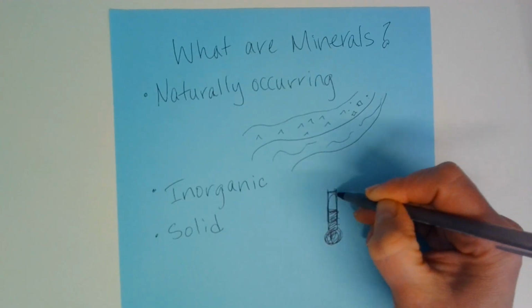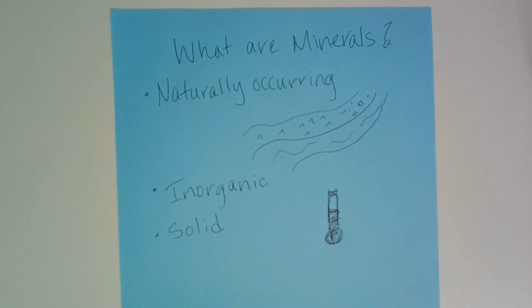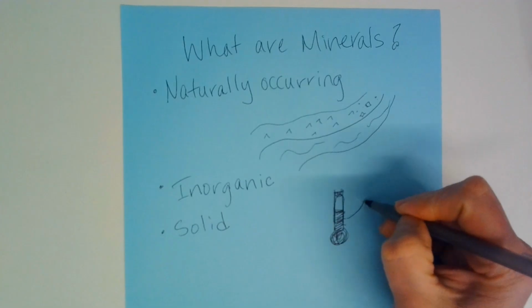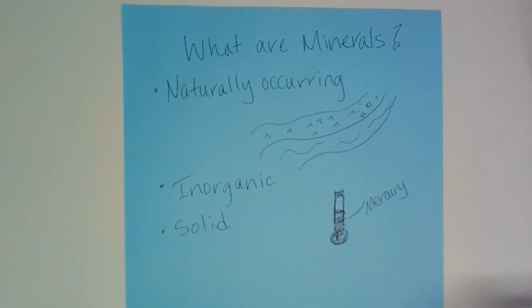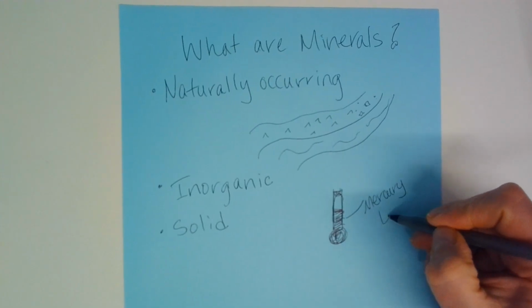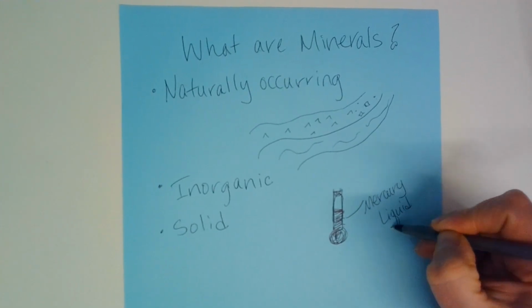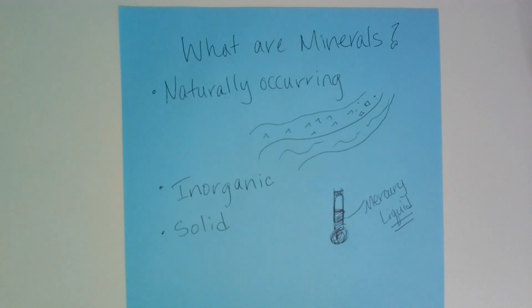So let's say this thermometer is mercury. It is not a solid, it's liquid. So that makes it not a mineral. So a lot of metals are minerals. However, mercury at room temperature is a liquid, so it would not be a mineral.